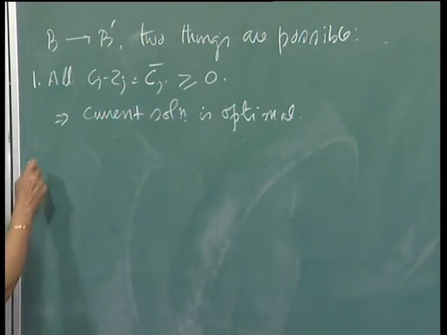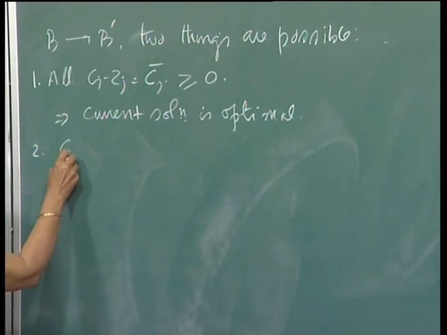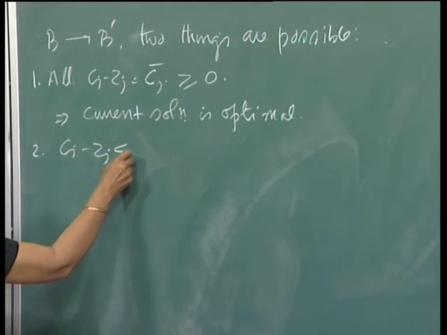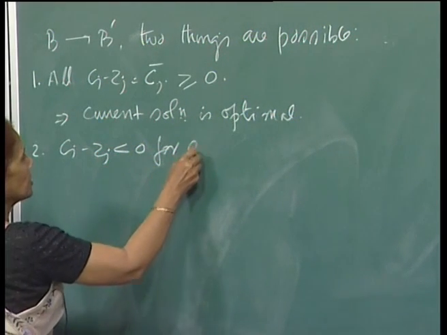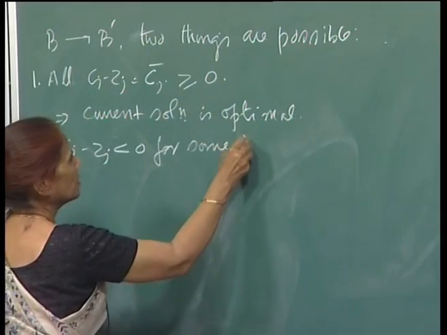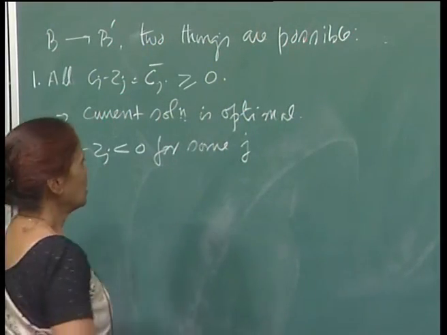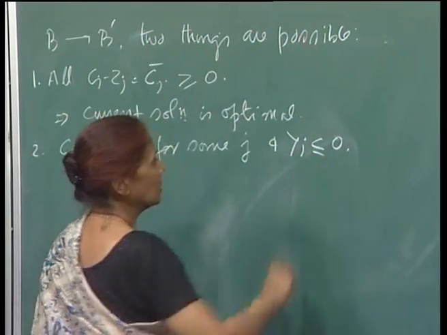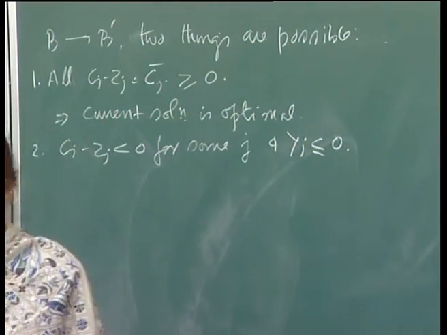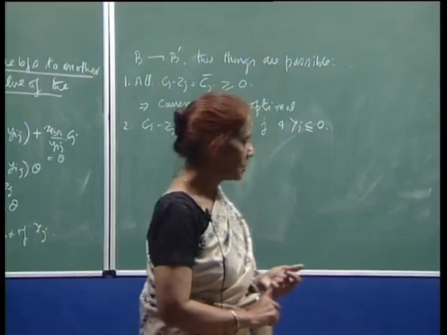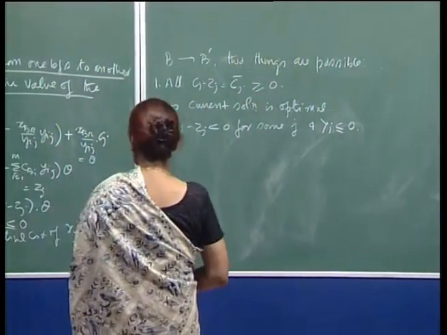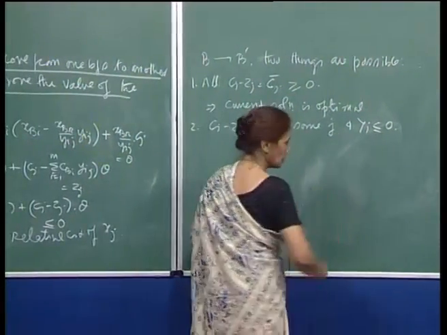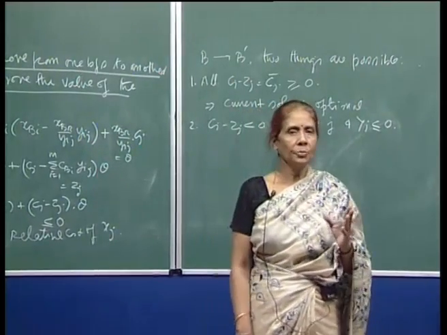Or the second thing, that C j minus Z j is less than 0 for some j, and the corresponding vector Y j is all less than or equal to 0. Remember, to move from one basic feasible solution to another, I needed the condition that my Y r j, the element on which I want to pivot, should be positive.